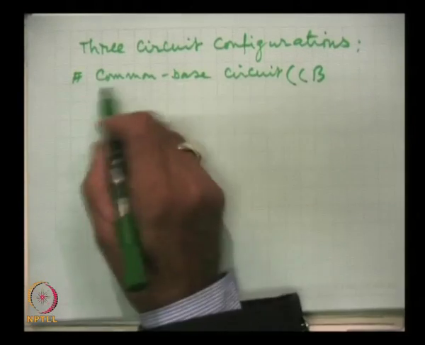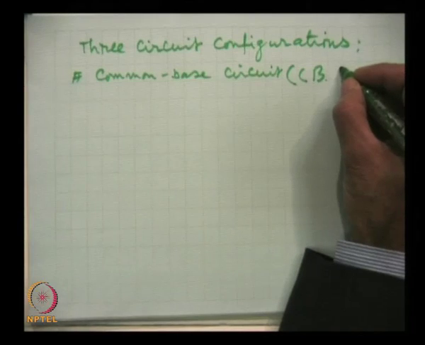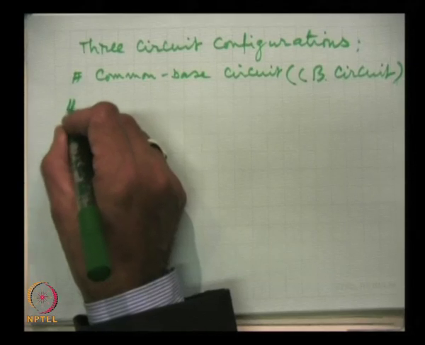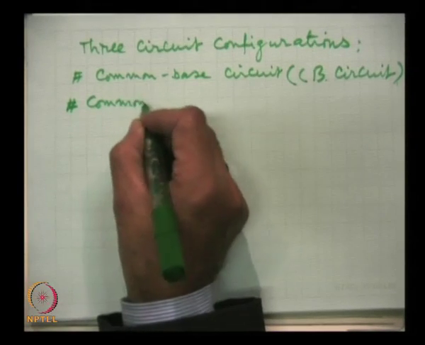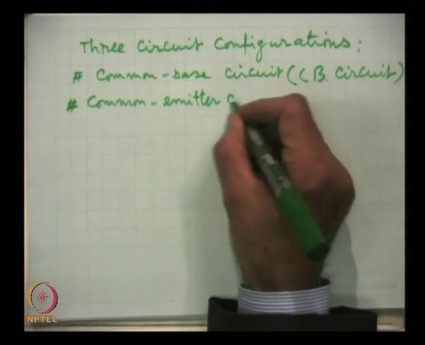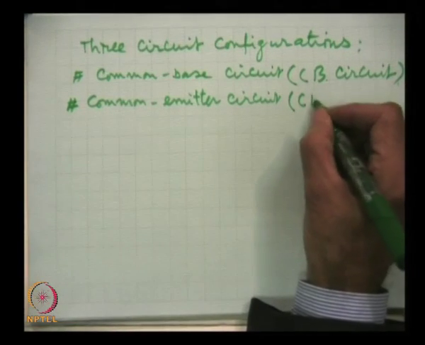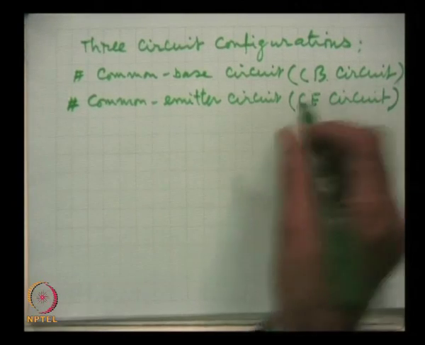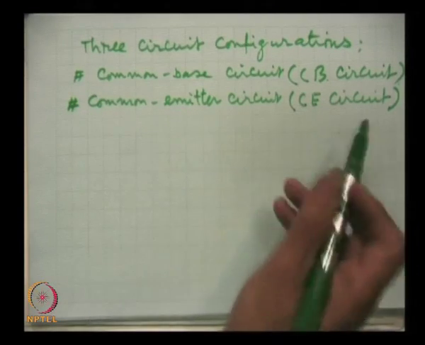C stands for common, B for base, so common base configuration or circuit. The second one is common emitter, called the CE circuit. C for common, E for emitter, common emitter circuit.